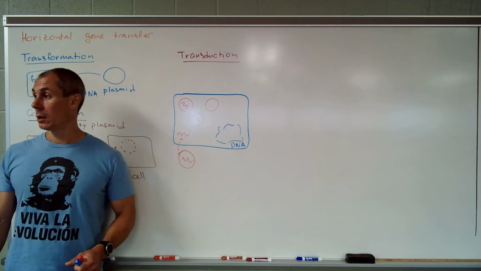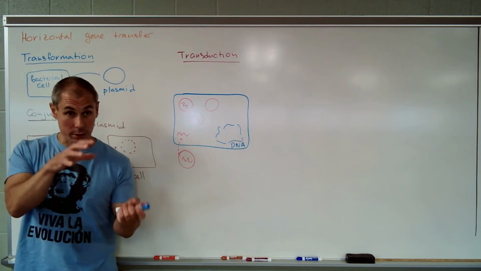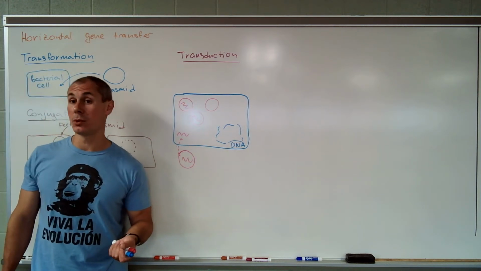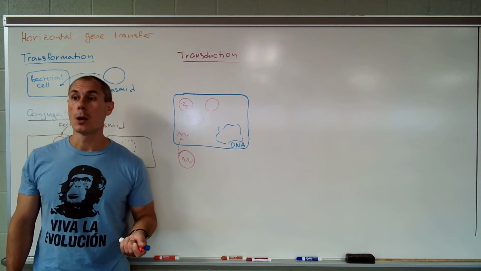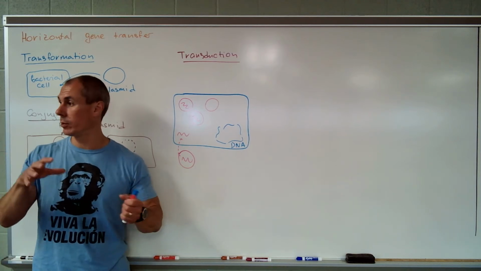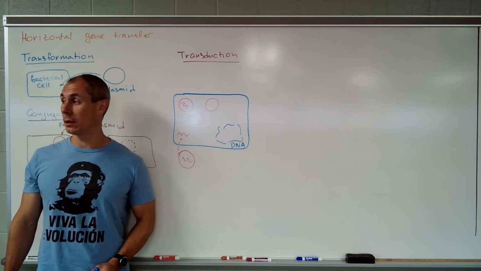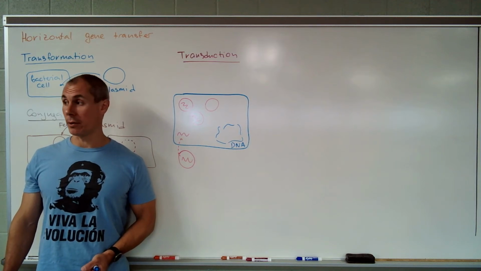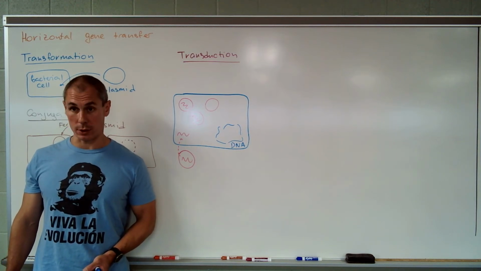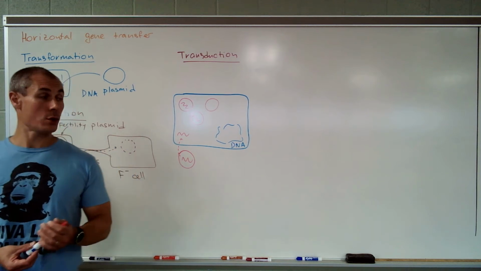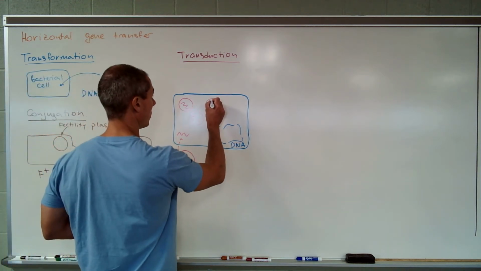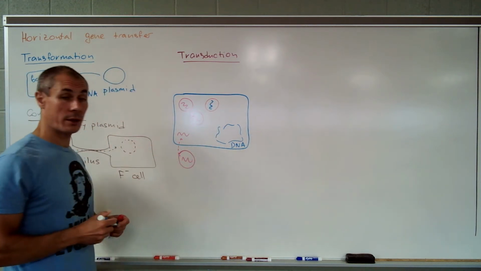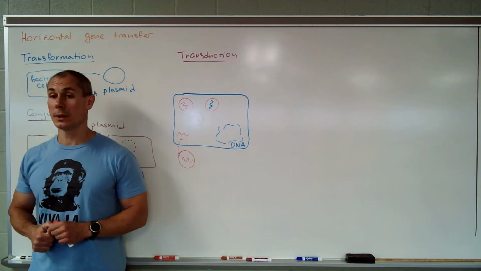Okay? In this really, really crowded space, where you may have up to 200 viral particles per bacterial cell, accidentally some of those viruses, some of those bacteriophages, will package bacterial DNA instead of viral. Does that make sense?